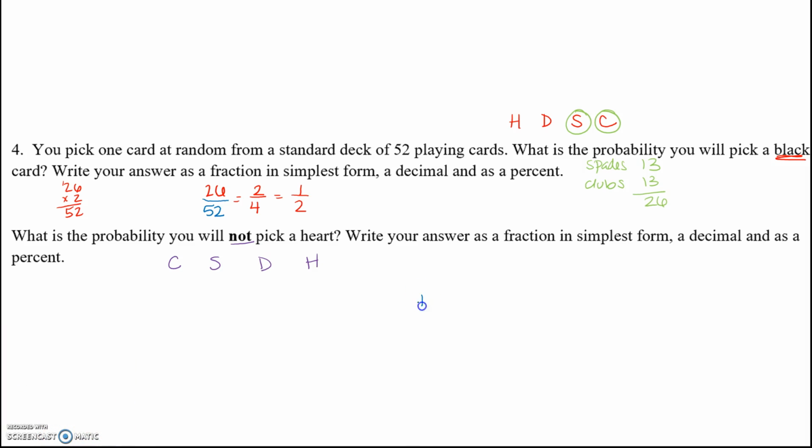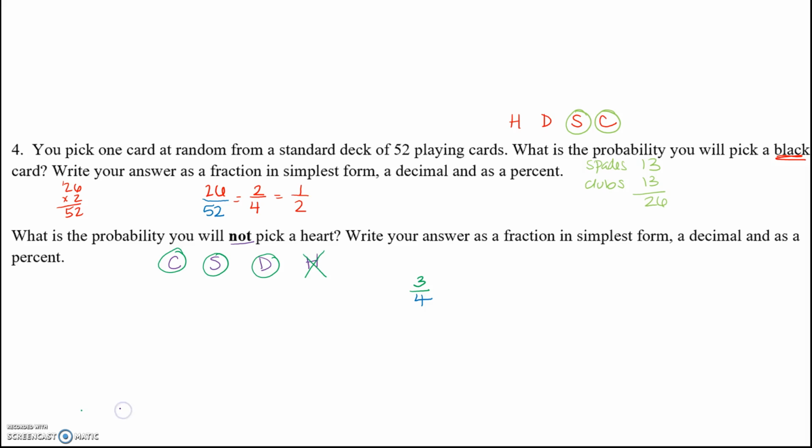Okay, my total here is 4. There's 4 suits. And we are looking for not a heart. So we do not want a heart, right? So we want a diamond, a spade, or a club. So what is the probability of not a heart? 3 out of 4, right?